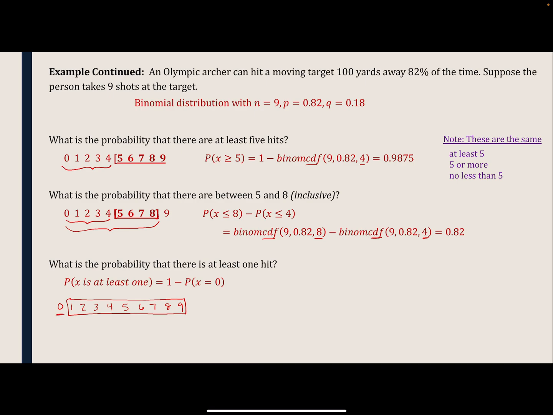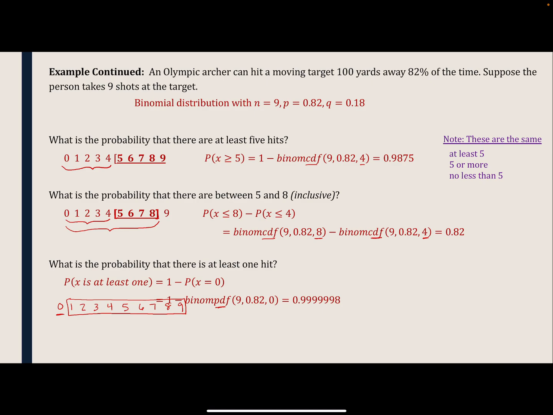So if I do 1 minus the probability of getting no hits, well, I'm getting exactly no hits, so I'm going to go back to the PDF command for 0. And actually, here's where it doesn't really matter which command you use. You would get the same answer if you use the PDF or the CDF command for 0, since there's nothing less than 0 anyway. But remember that you're doing 1 minus this.